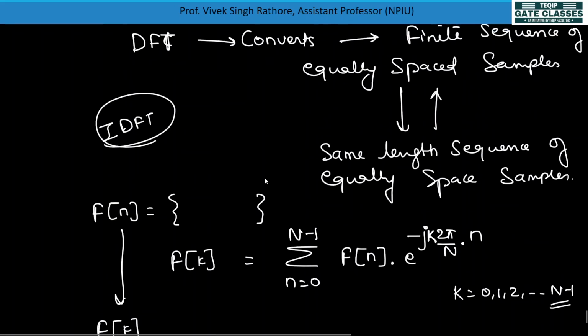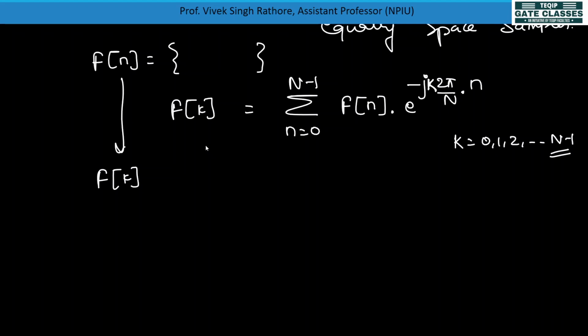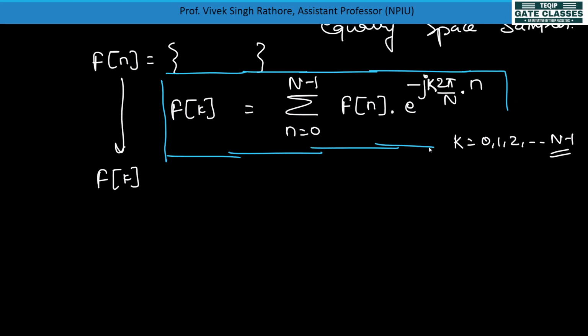The same length sequence will be in the DFT also, and it will also be equally spaced. So this is the formula for DFT: F of k is equal to the sum over n from 0 to N minus 1 of f of n into e to the power minus j omega n, with the k terms.